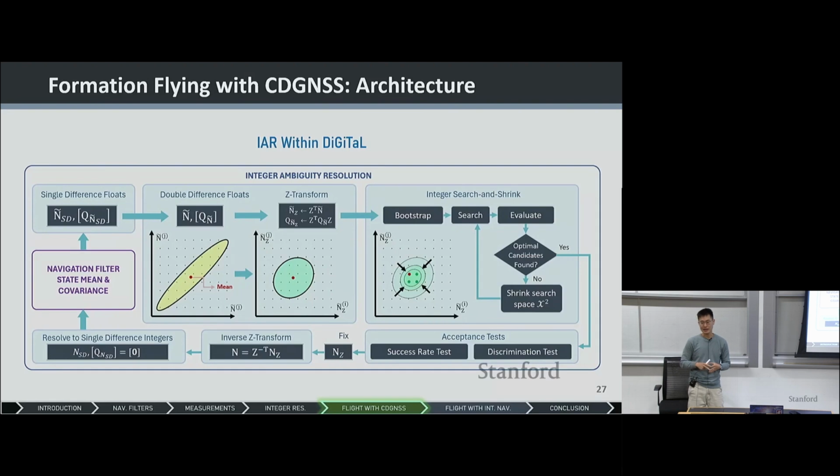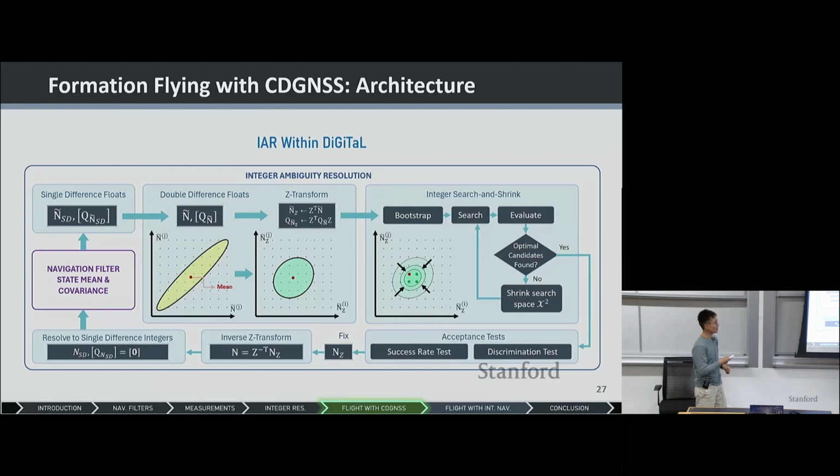But it can't be a perfect circle, because what the Z transform actually imposes is an LDL decomposition where your transformation of your float ambiguities preserves the integer form. It's very involved, and there's a 20-page paper that explains what the Z transform is, so it's very difficult to explain in just one lecture. But the idea is that you want to preserve the integer constraint in your distribution.